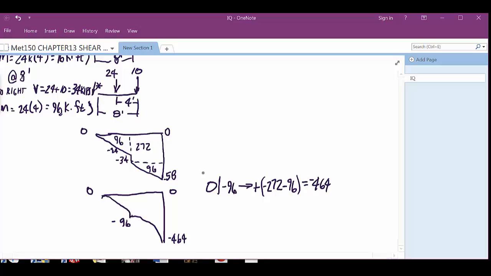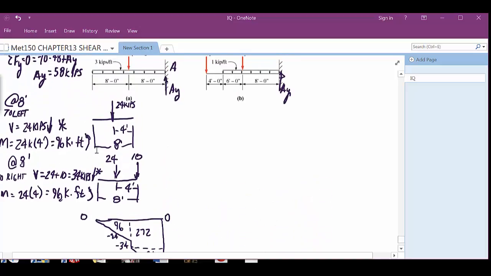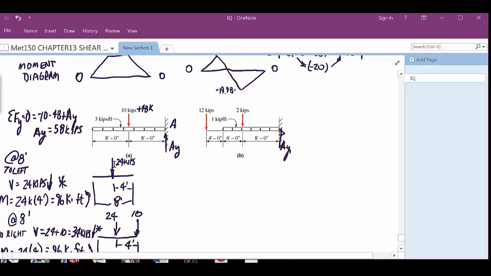And also note, when you get this 464, if you go back to the very beginning when we found our forces in the y, if you did a moment at, let's say, the right side, and you set that, you've got what? 58 times 8.